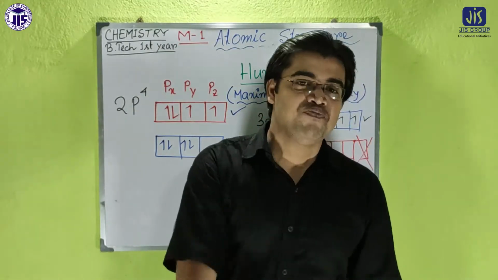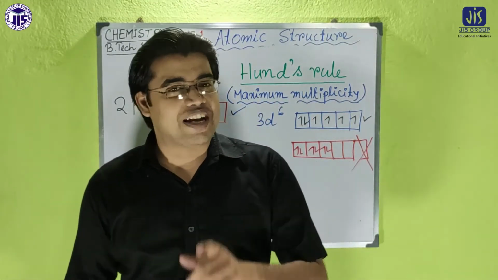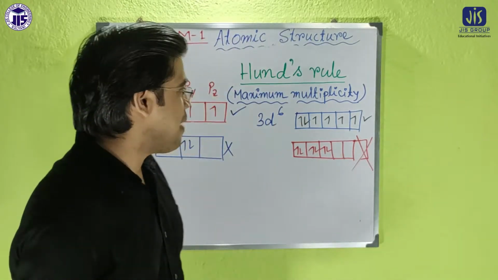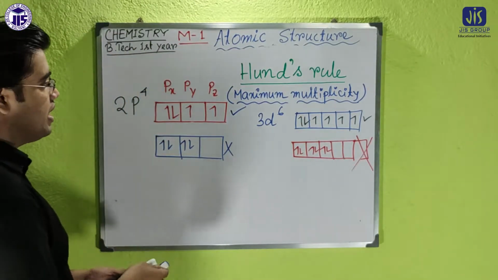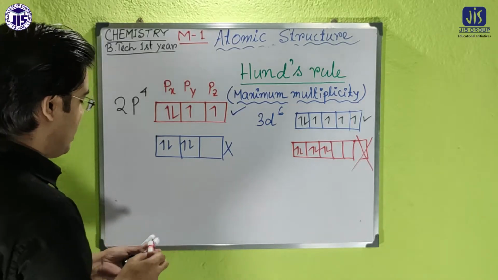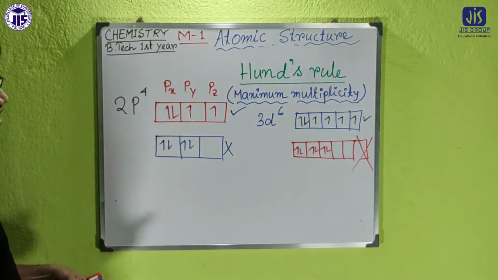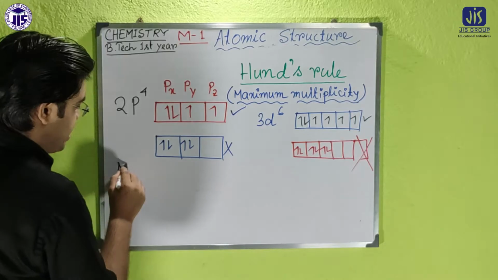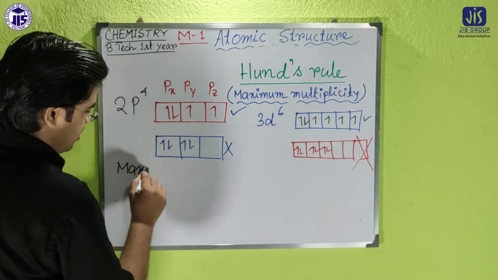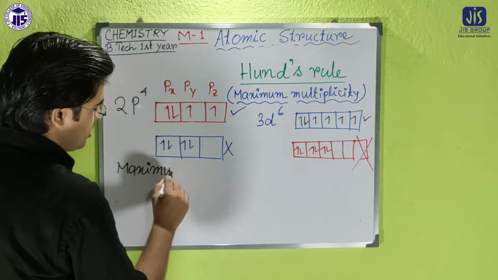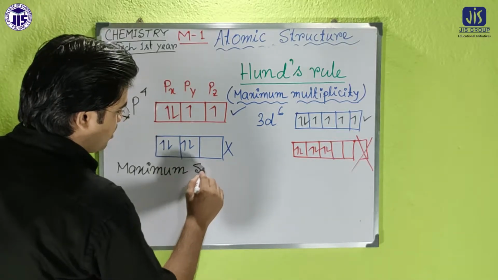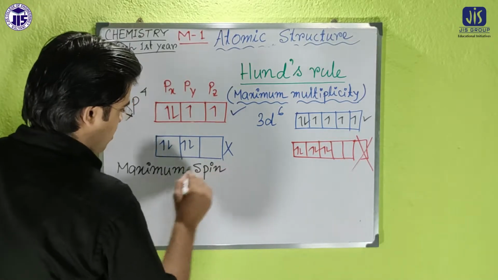So you should know the meaning of maximum multiplicity. Maximum multiplicity here indicates maximum spin multiplicity.